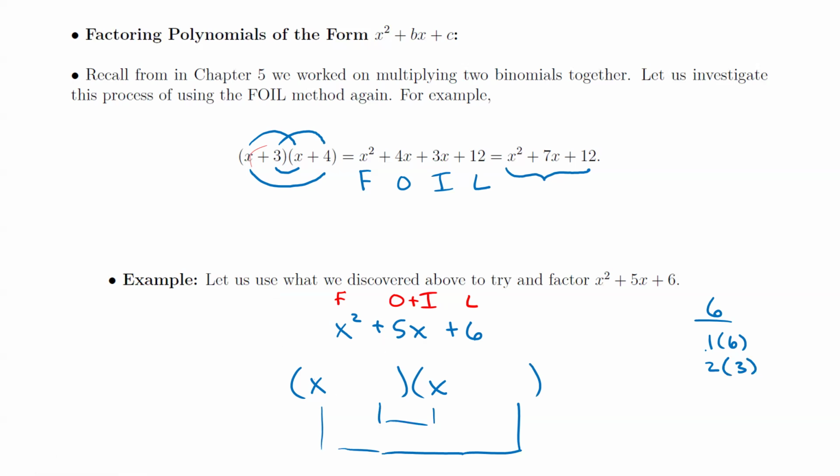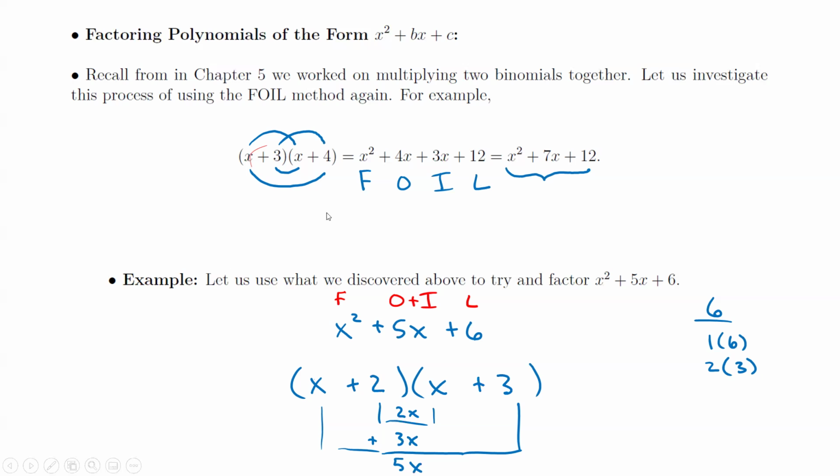So if we look at these, which one would do that? If I put a 1 here and a 6 here, then I would get 1x plus 6x, which gives me 7x, which is not my middle term. However, if I put a plus 2 here and a plus 3 here, the inside is 2x, the outside is 3x, and they do in fact equal 5x when you add them together.